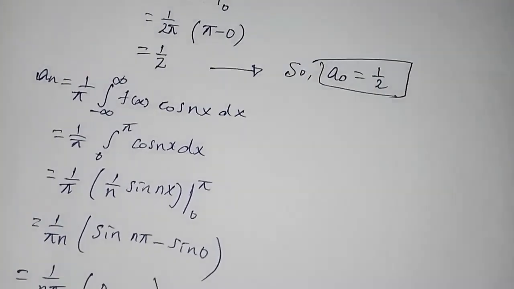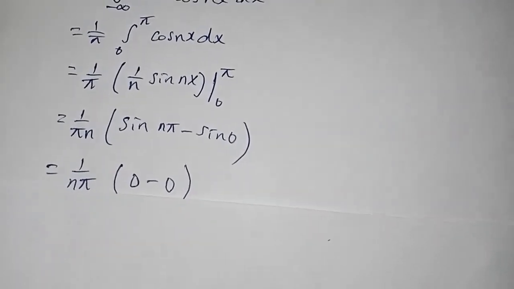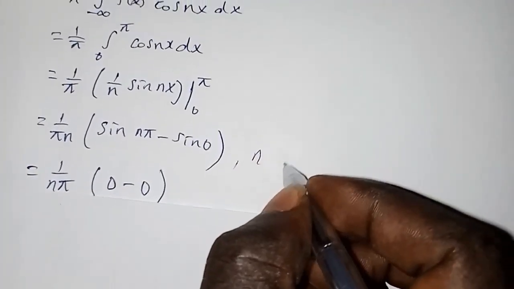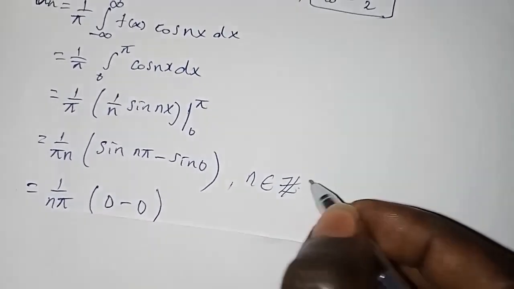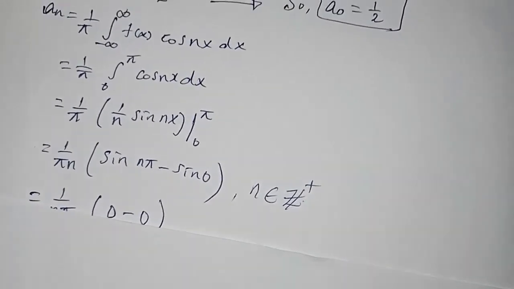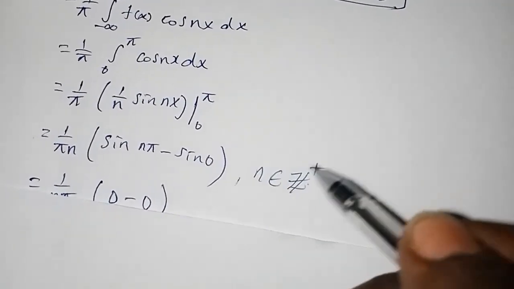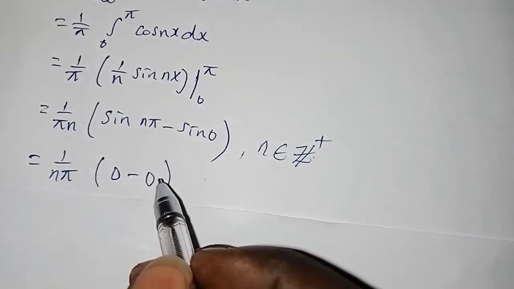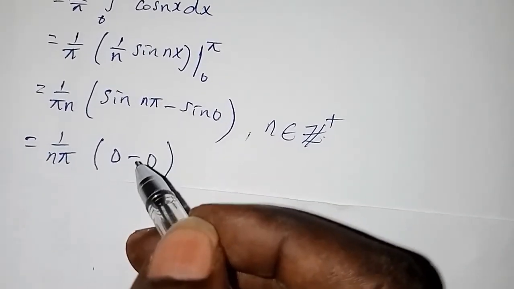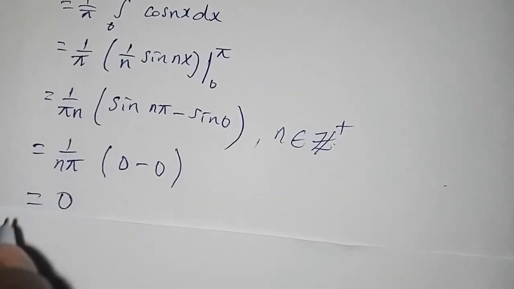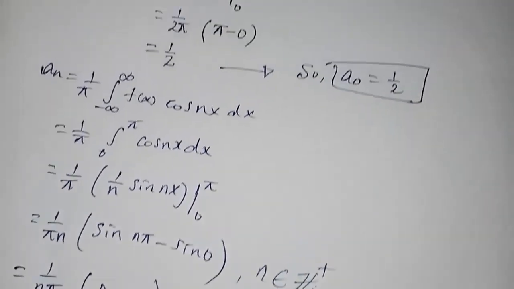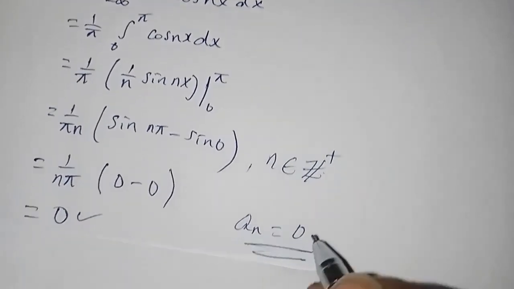Here n is an element of the integers, so n is 1, 2, 3, 4, 5, and sine of n pi is 0. Sine 0 is 0, and 0 minus 0 is 0, so 0 times this value gives 0. Therefore, a n is equal to 0.